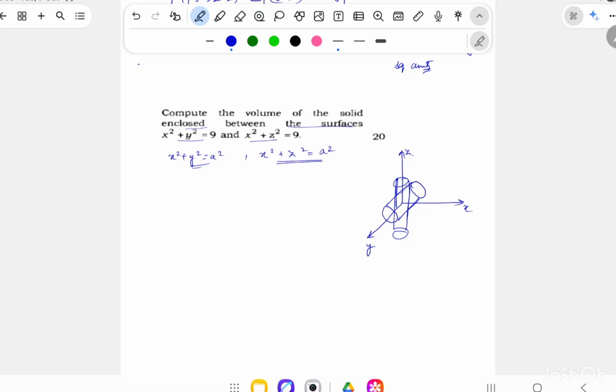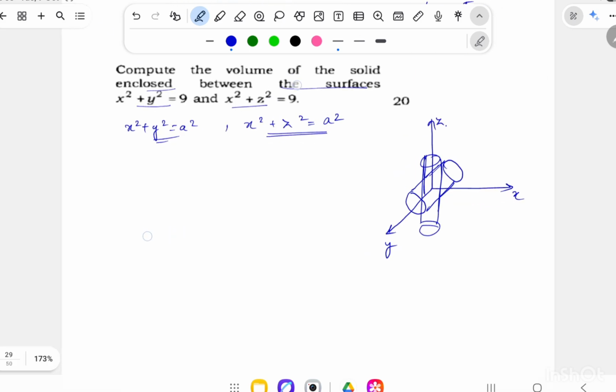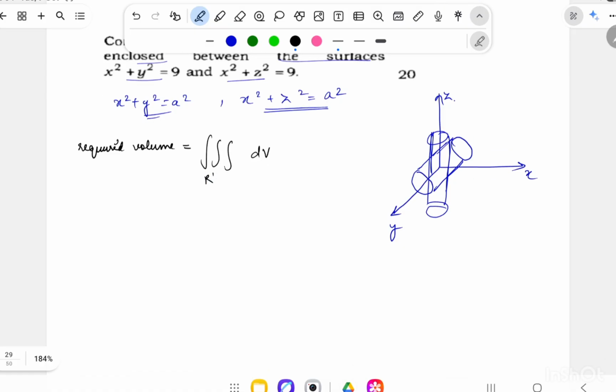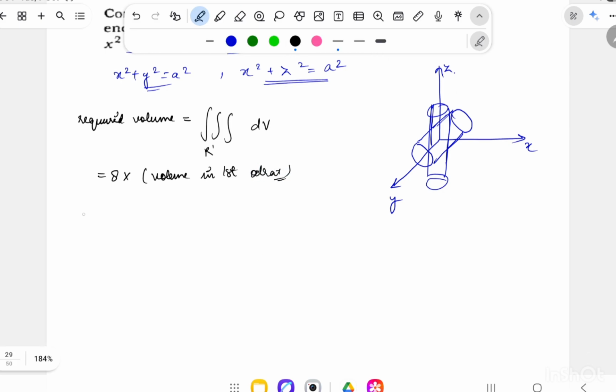So the required volume will be basically equals to integration dv, and let's name the solid region as r dash, the region whose volume we are evaluating. So it will be equals to 8 times the volume in the first quadrant.